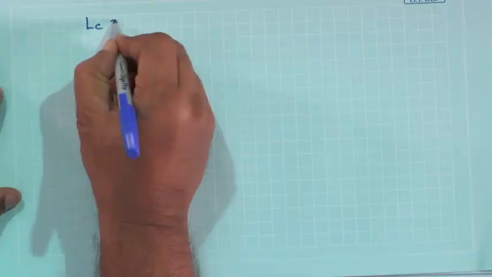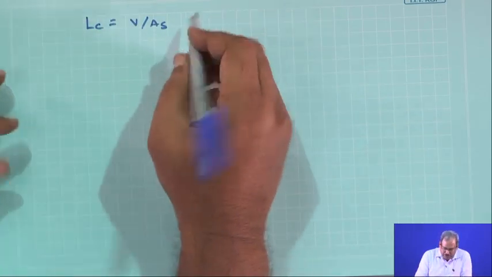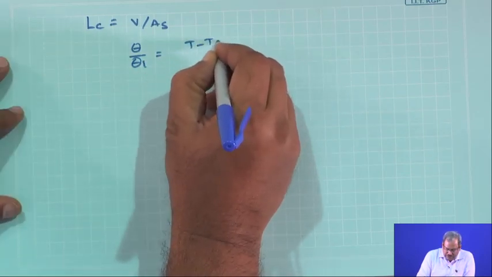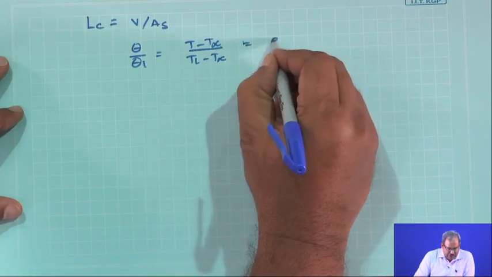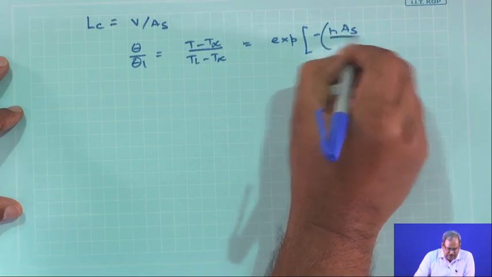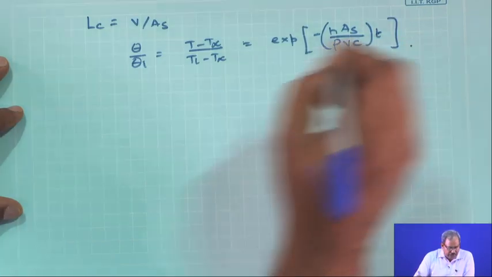So, my starting point is the heat getting into the system with L C equals V by A S. The expression is theta by theta I, that is T minus T infinity by T I minus T infinity, which is exponential of minus H A S by rho V C times the time.